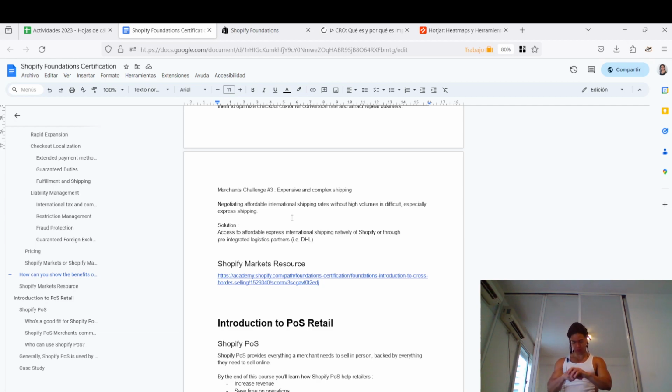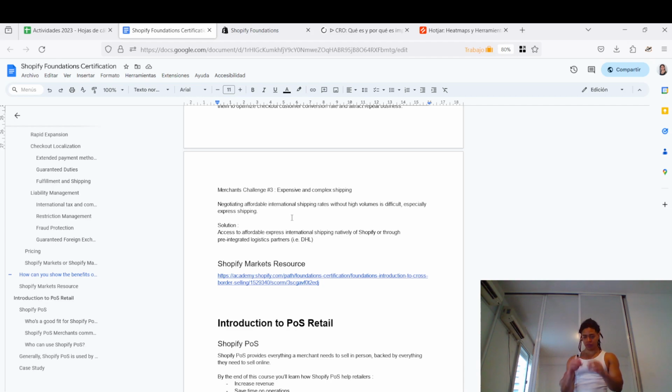Once I make this quick recap, I'll know more deeply about this subtle difference. Next I get into the introduction to POS retail. Shopify POS provides everything that a merchant needs for in-person sales, backed by everything they need for online sales. In that section, I'm going to learn how you can help merchants improve sales, save time on operations with the POS, and improve customer retention.